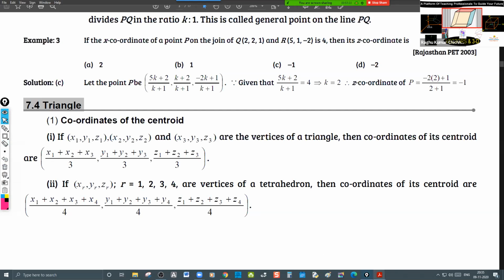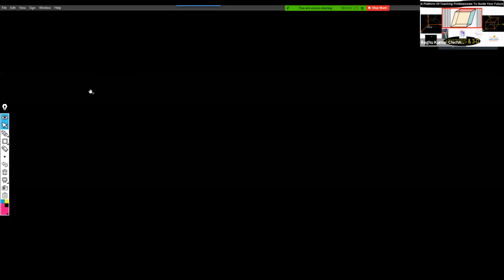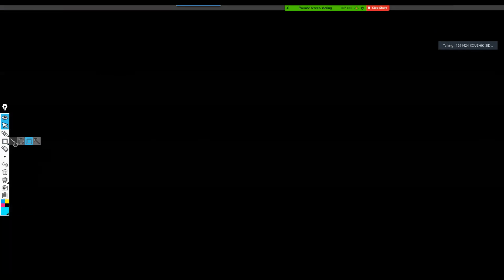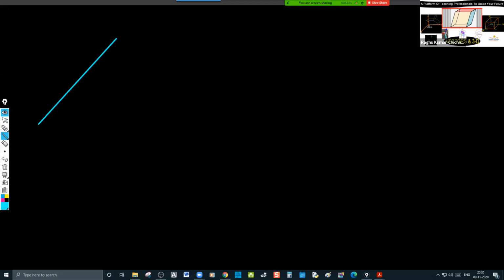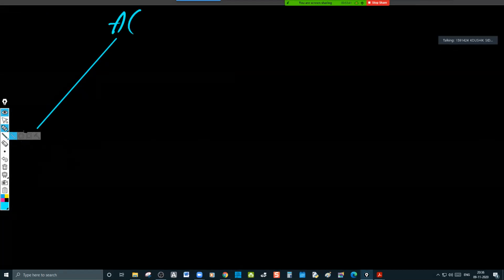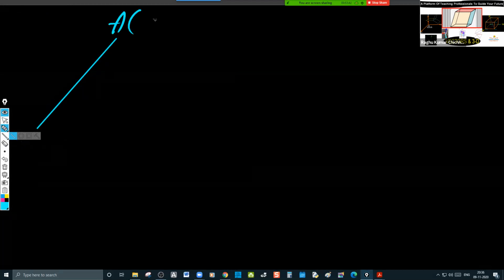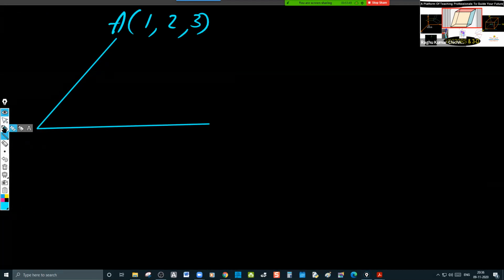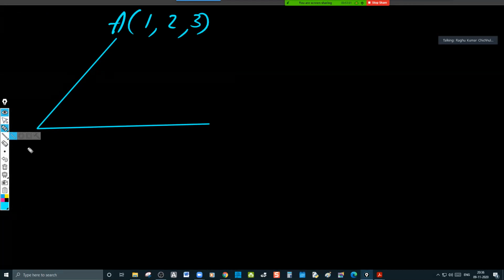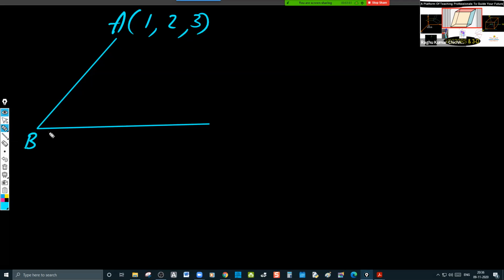Now, let me take a triangle. Kaushik, you tell me a point here, A of your choice, any point in 3D. 1, 2, 3. Very good. They are in AP with common difference 1. And Praneeth, tell me a point. 4, 5, 6. You want to take GP?